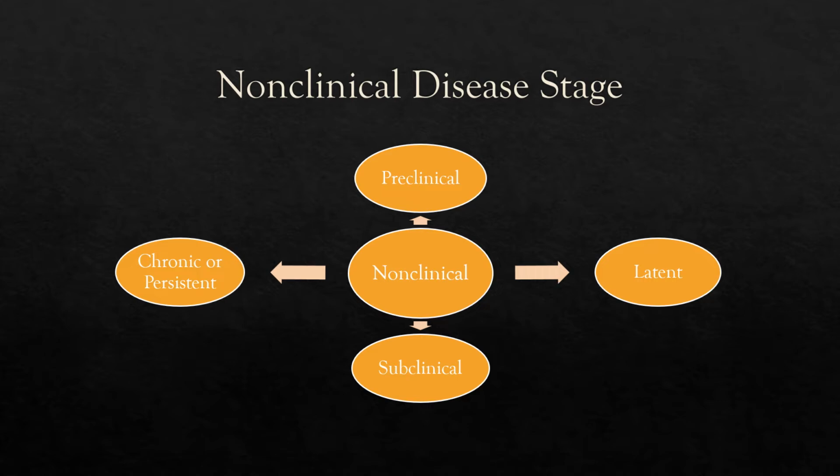Or they may be in the persistent or chronic disease of tuberculosis, so they may have active tuberculosis. So this non-clinical stage can be further subdivided, is I guess the point that the text is trying to convey.